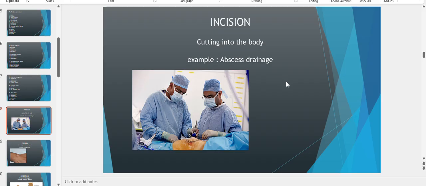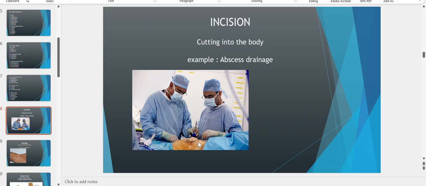So the first one is incision. It is a surgical action. Incision means simply cutting into the body. For example, abscess drainage: if a patient's body has an abscess, fluid fills that abscess, so it should be drained out.